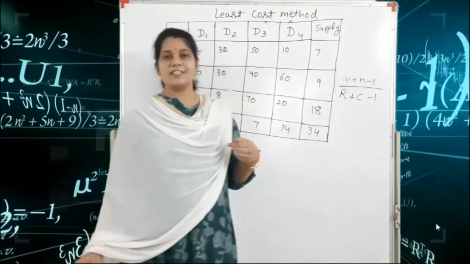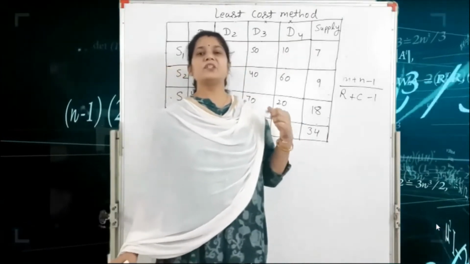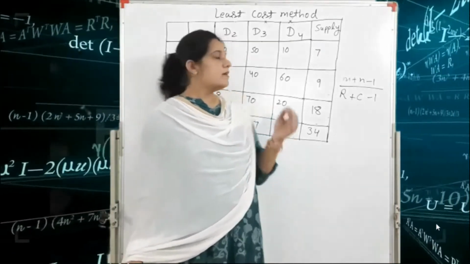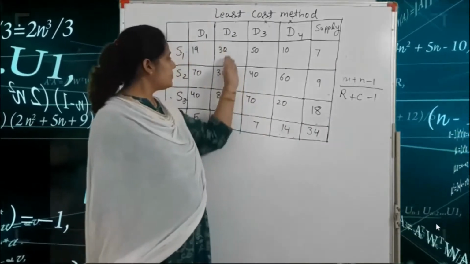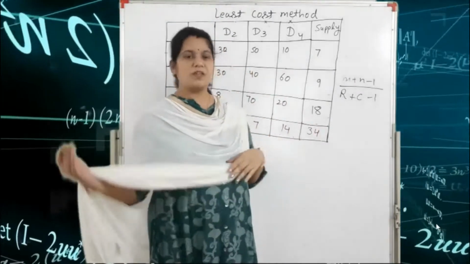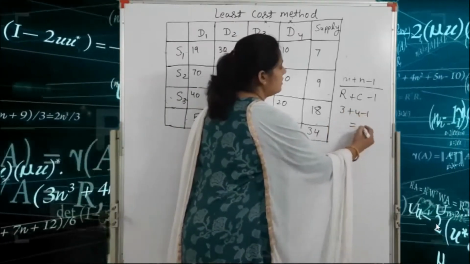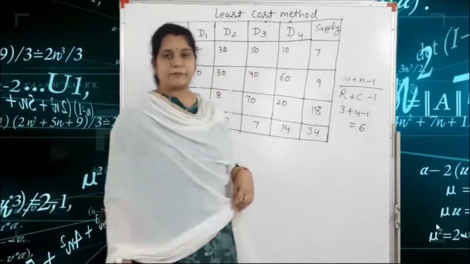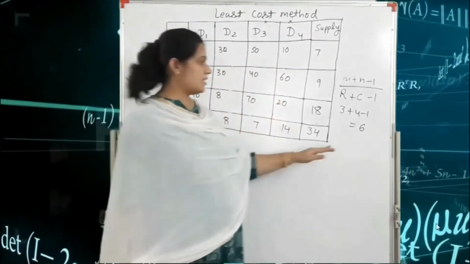If our question is in degenerate form, we first convert it into non-degenerate form. Okay, so here rows are 3 and columns are 4. So here we write 3 plus 4 minus 1 is equal to 6. That means the total allocation in this question is equal to 6.